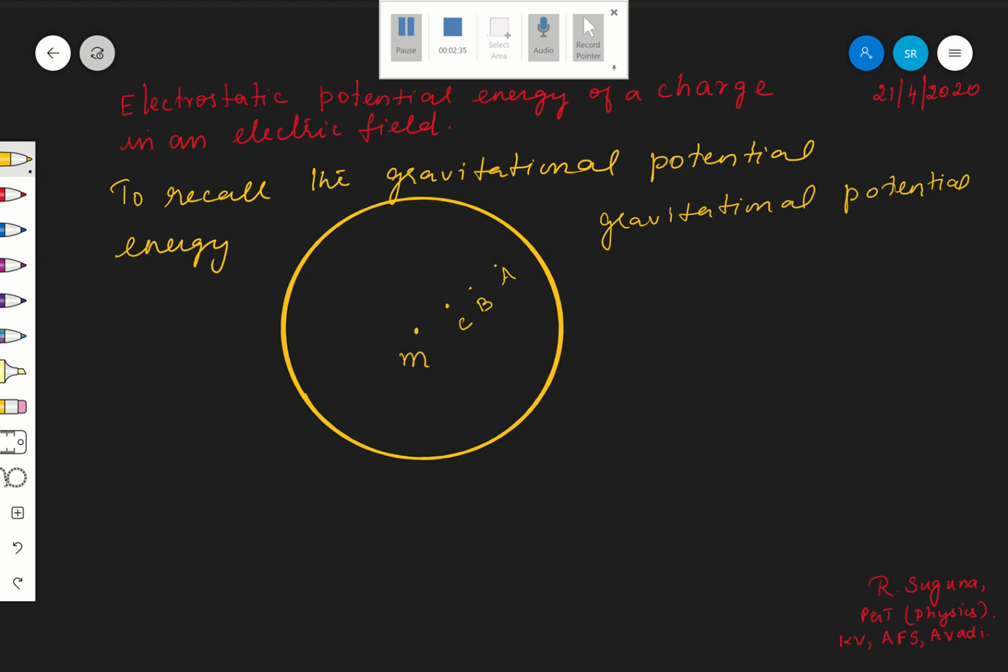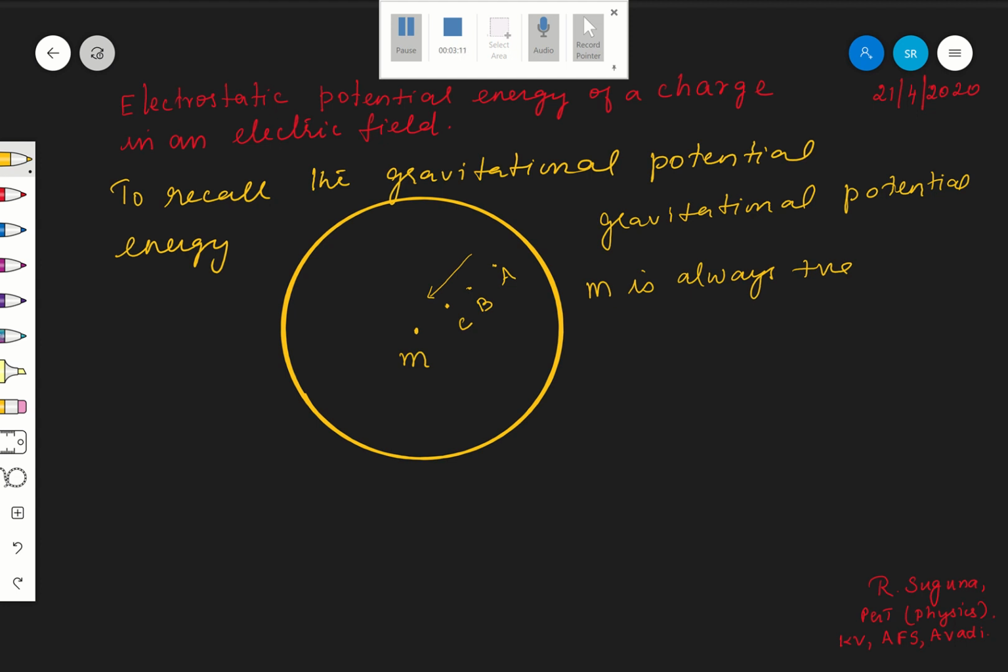The source M is always positive. Therefore, as you go nearer to the source, the gravitational field intensity will increase, and the gravitational potential will also increase. I think you have studied this already.